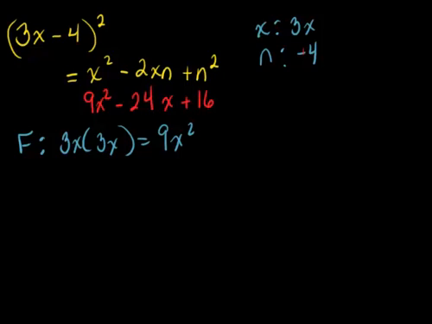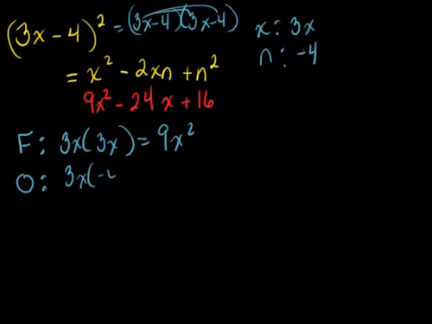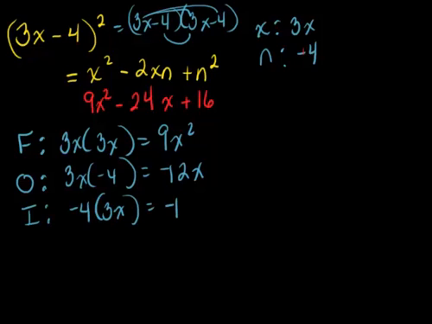So 3x times 3x is 9x squared. The outer term is 3x, because this is the same as saying 3x minus 4 times 3x minus 4. So we have our first and then our outer. So that is 3x times negative 4, which is negative 12x. The inner term is the same, just using the commutative property.